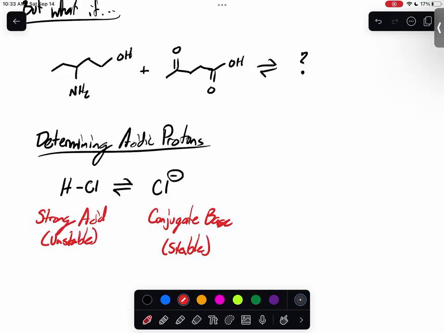So we'll put over here that it's also weak. So, chloride is clearly stable, but the question is, why is the chloride stable? And that has to do with how well an atom or molecule can stabilize a negative charge, right?